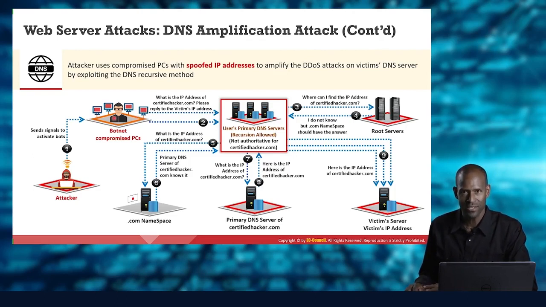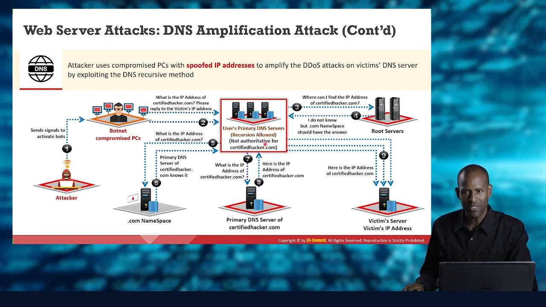The botnets are going to say, what is the IP address for this? And they're going to say, reply. Don't reply to the botnet computer. No. Reply to the computer that we are attacking. So can you imagine, it's going through all the recursion, grabbing all the IP address information, and then when the DNS server finally replies, it replies using thousands of requests to a single address, amplifying the attack, right?